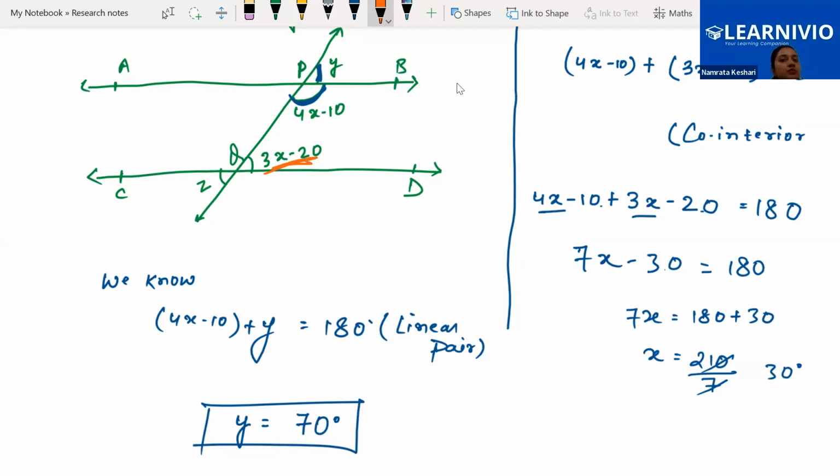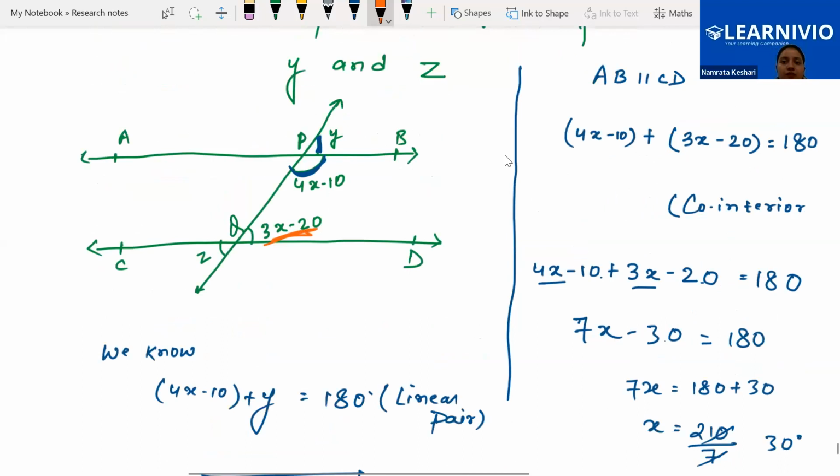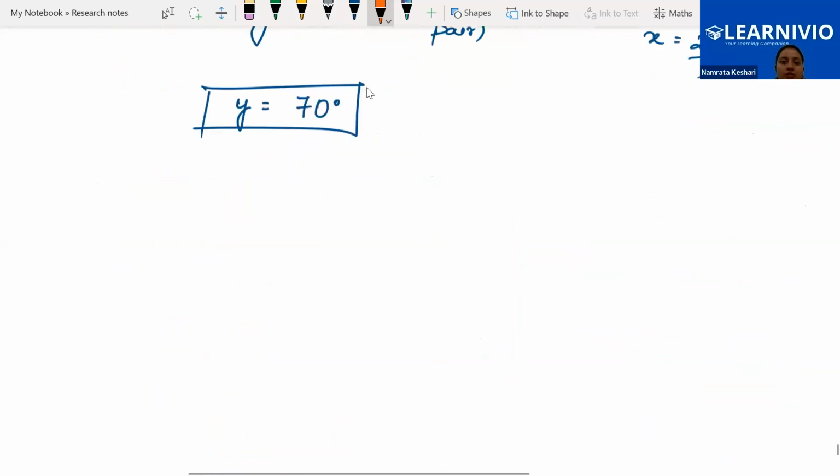So anyway, we will be getting the z value the same as the y value. Okay, so this is how we will solve this question. Any confusion to anyone? No, ma'am. Let's do the next question.